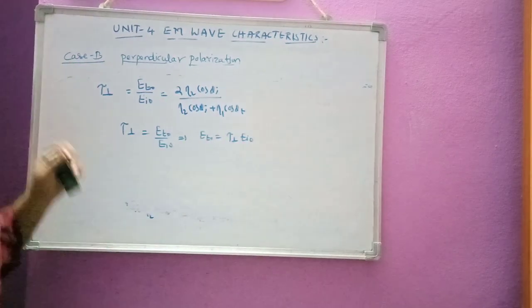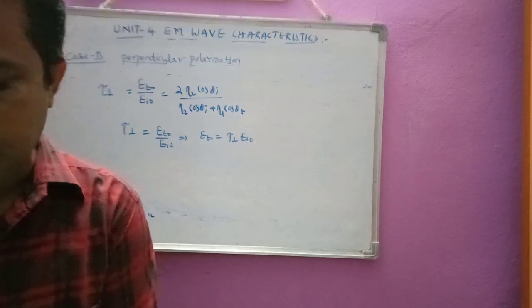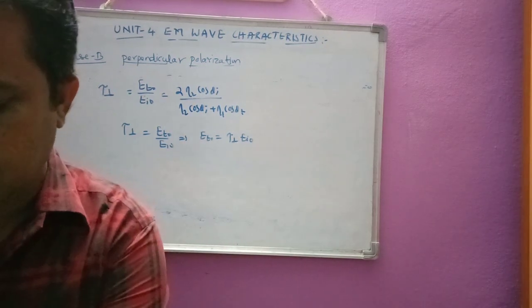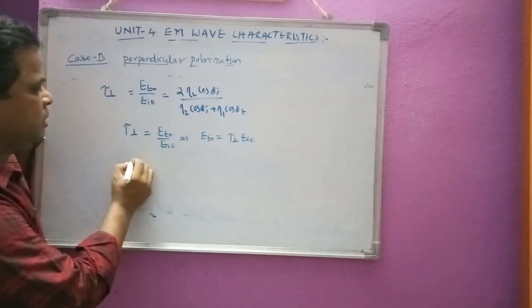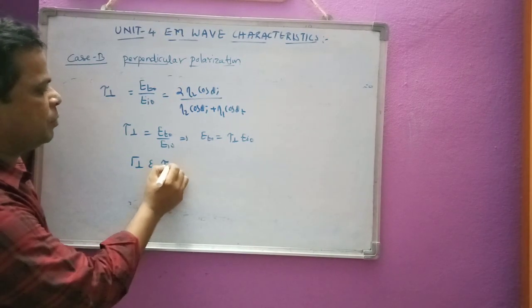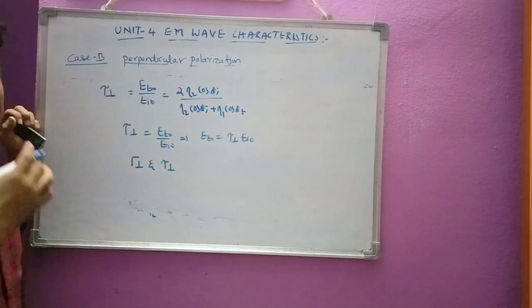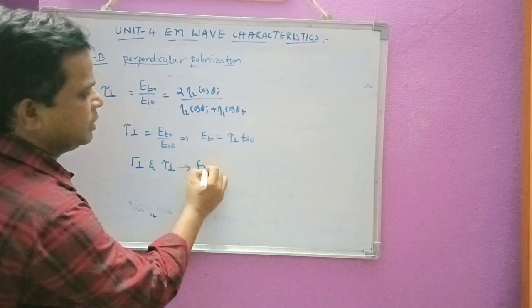Now similarly, this collective equation, that is gamma perpendicular and tau perpendicular, whatever we have derived till now, are called Fresnel's equations.